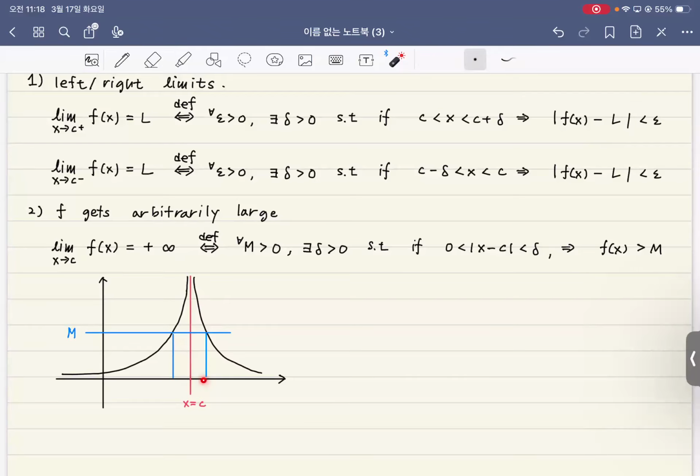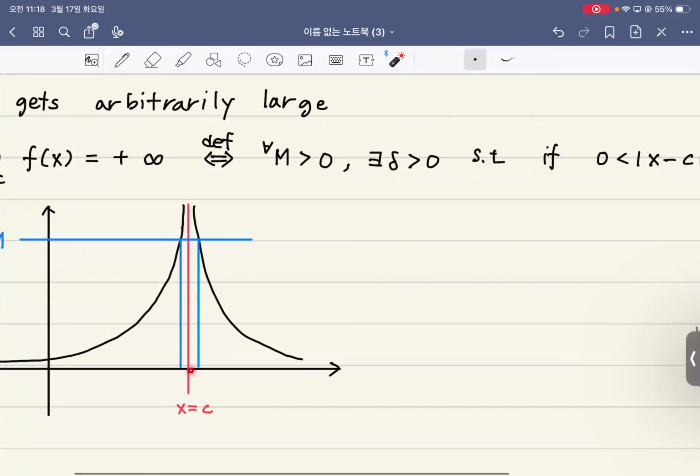I guess this is shorter. My delta should be the distance from this point to that point. However, as I increase my m, typically delta should also decrease. So in this case, the distance from this point to that point is so tiny.